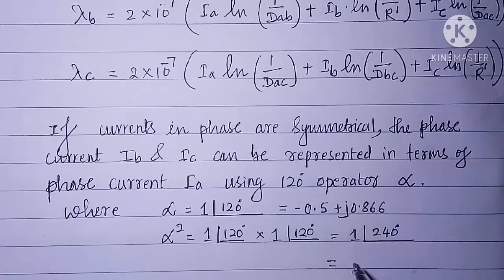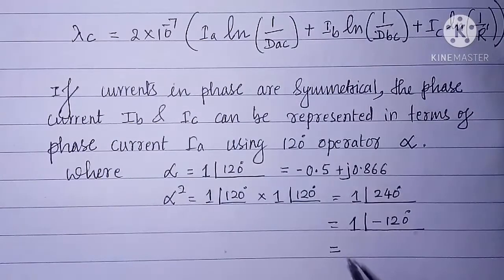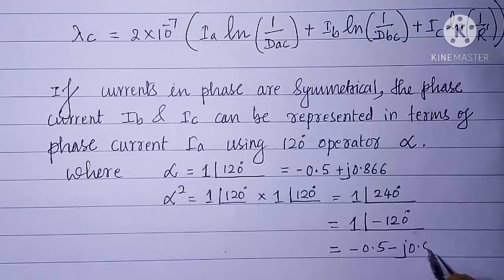But 240 degree may be written as minus 120 degree. And in rectangular form, minus 120 degree is minus 0.5 minus j 0.866.